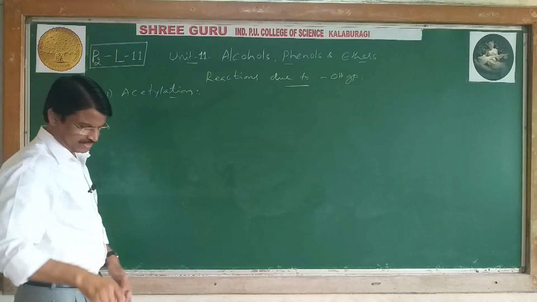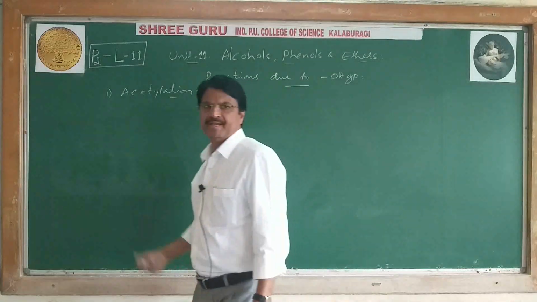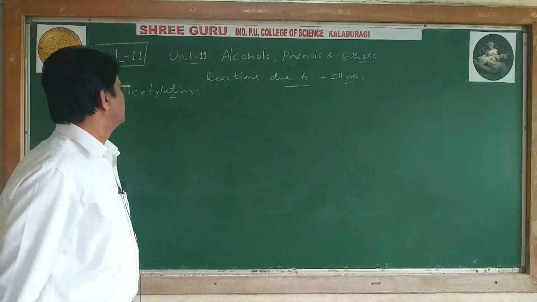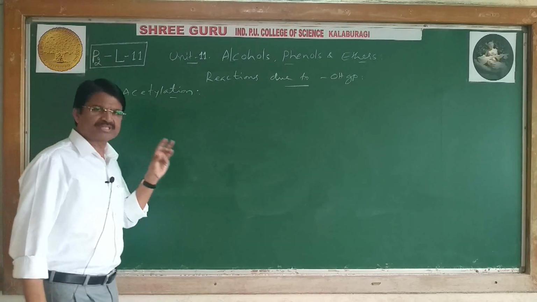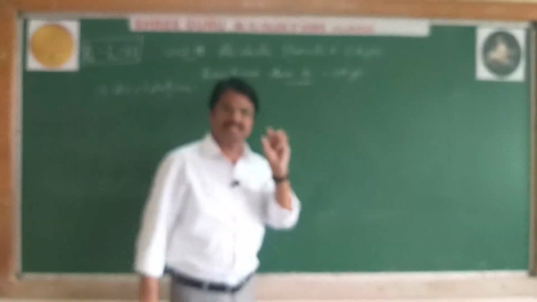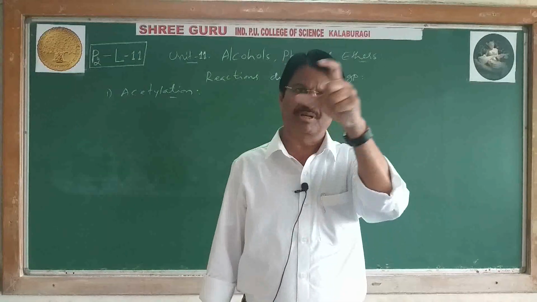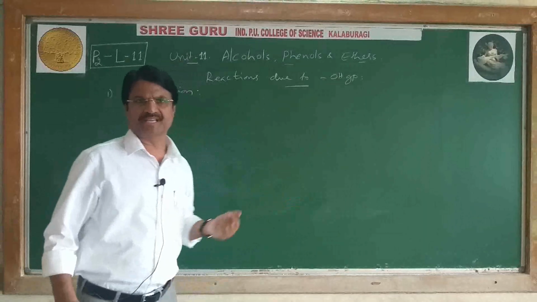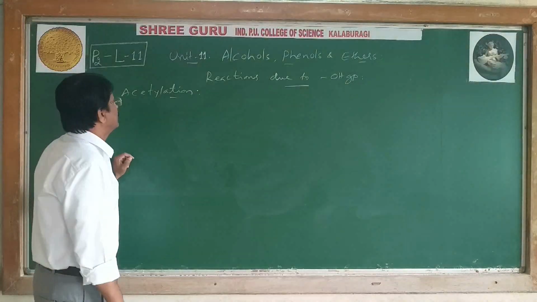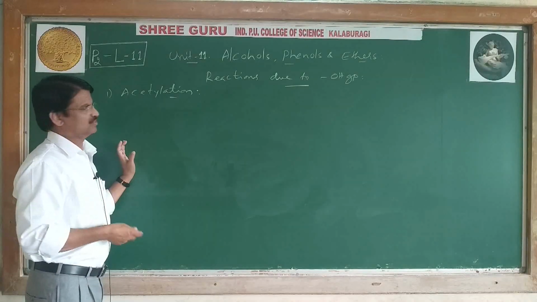But this I covered in the alcohol topic. So there I told what is meant by acetylation: introduction of an acyl group or acetyl group, CH3CO group, onto an organic molecule like an aromatic ring or open chain, to get an acetyl derivative. That process is called acetylation.